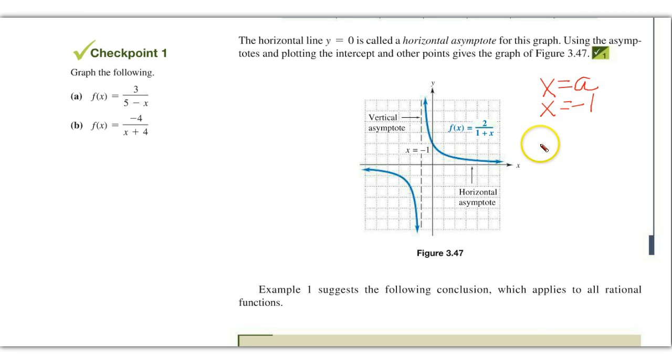Think about it for a moment. It's going to be some value of y. Y is going to equal what here? Which is the x-axis. What is the value of y right there? And if you said 0, that is correct. So our horizontal asymptote is the x-axis, or the equation of the x-axis is y equals 0.